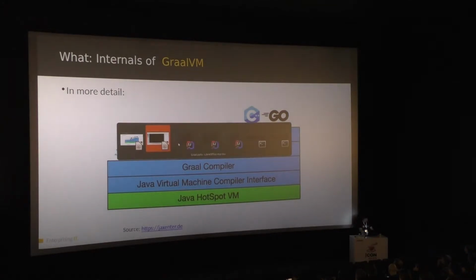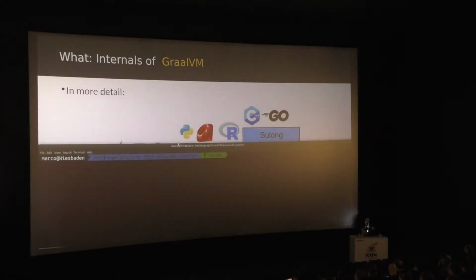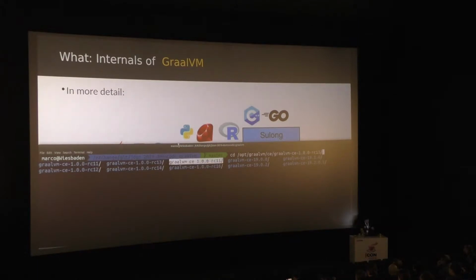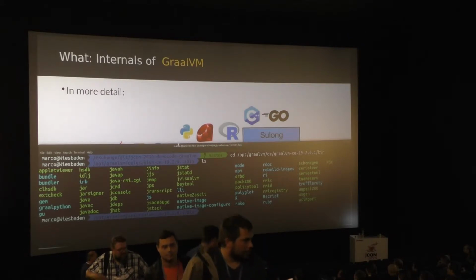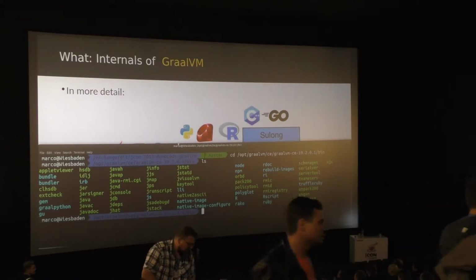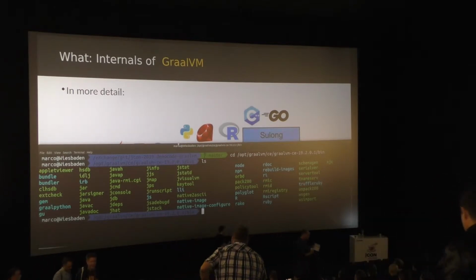So when we take a look at what you get when you install GraalVM, can you read that? Yeah? Good. I have installed mine under /opt/GraalVM CE 19.2.01/bin. When you look into this directory, you see a lot of stuff that's already familiar. You see your java, javac, javadoc, javah, jcmd. But what you also see are things like js, python.